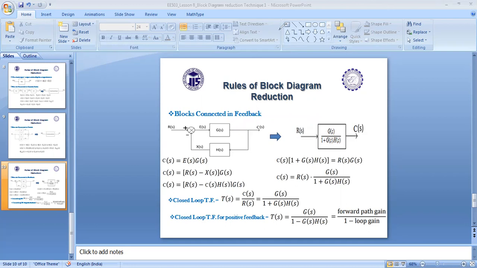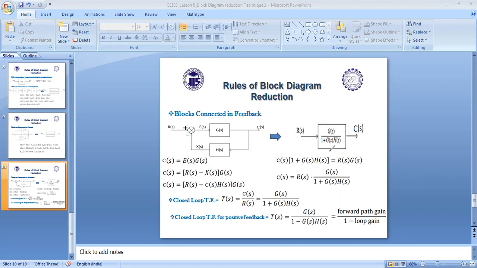Now see what happens. So the thing is, if we combine two blocks in feedback, the overall transfer function will be Gs by 1 plus GsHs. This is very important. Now let us prove this.